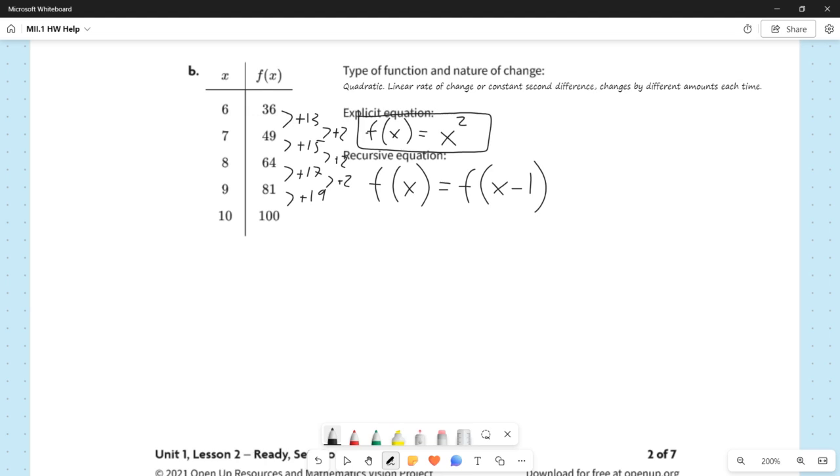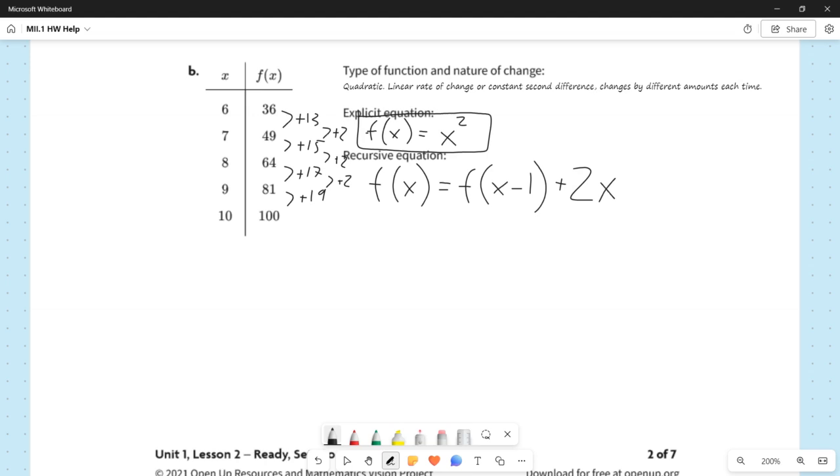So f of x equals the previous term, f of x minus 1. Now, as we saw in lesson 1, in a recursive quadratic function, we want to start by adding the constant second difference, which in this case was 2, times x, times your input.